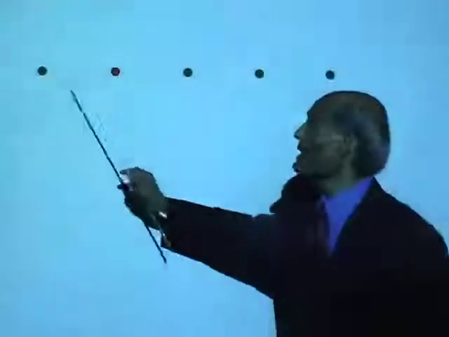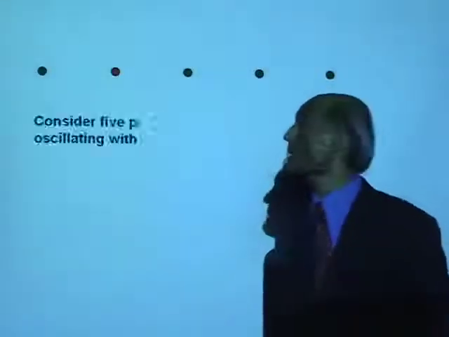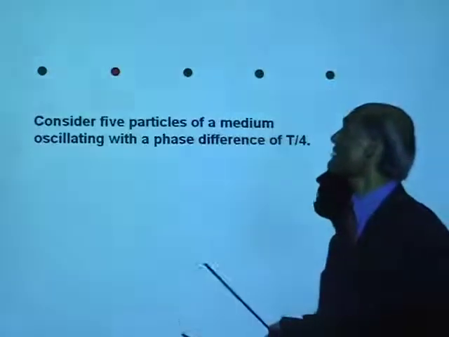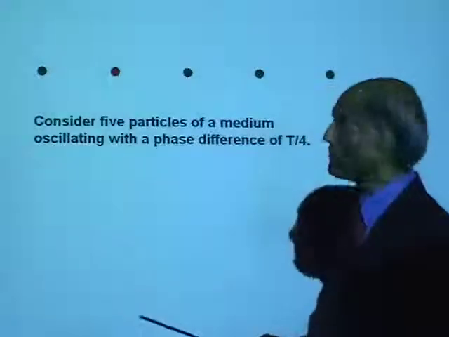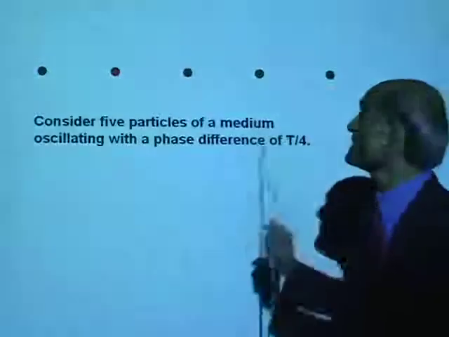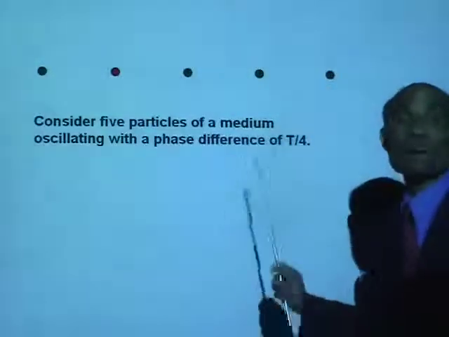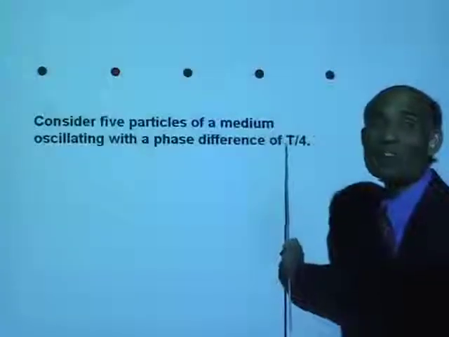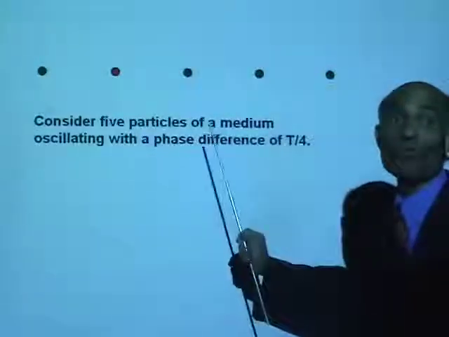Alright, now here I have how many particles? 5 particles of a medium. Consider 5 particles of a medium oscillating with a phase difference of T by 4. What does that mean? What is the meaning that the phase difference is T by 4?